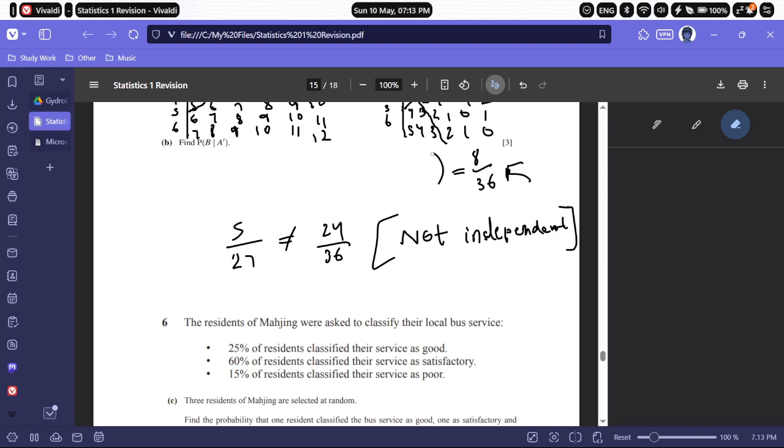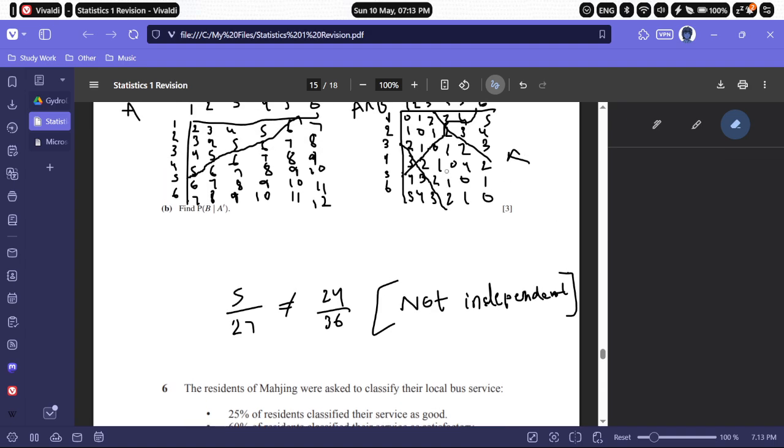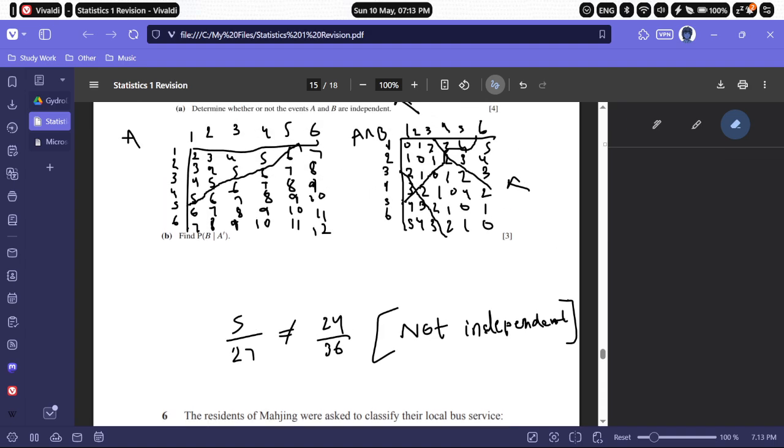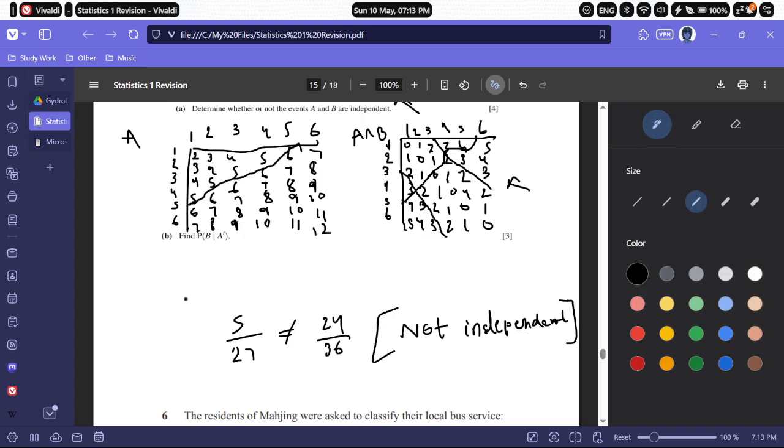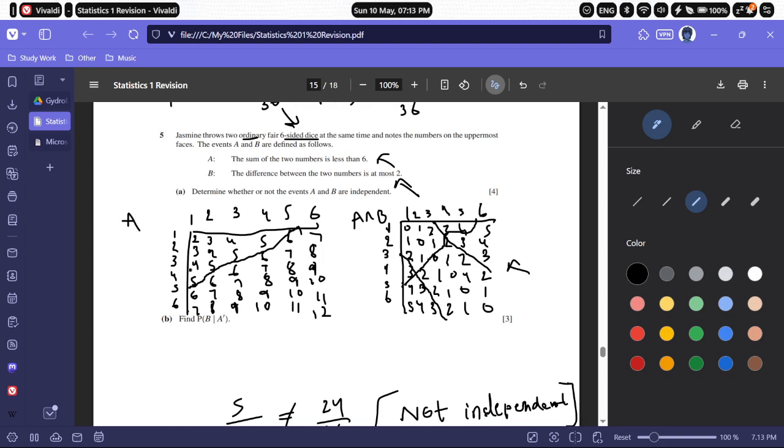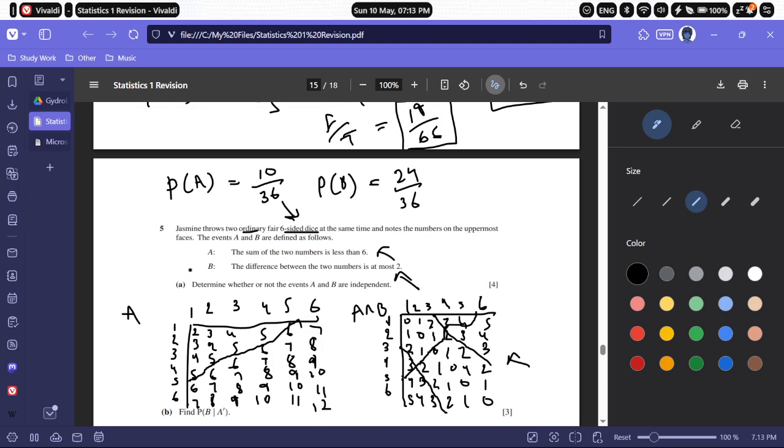Okay, find P of B given that A complement occurs, shouldn't be equal to 5 over 27, which is A intersection B, right? We got that P of B is, yeah, that's what I wrote, right?